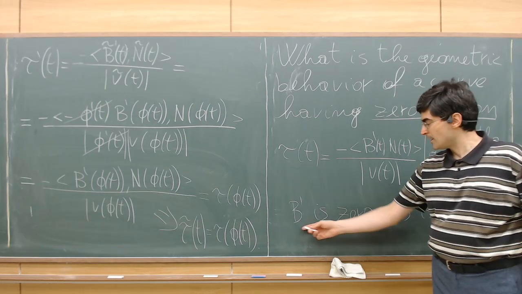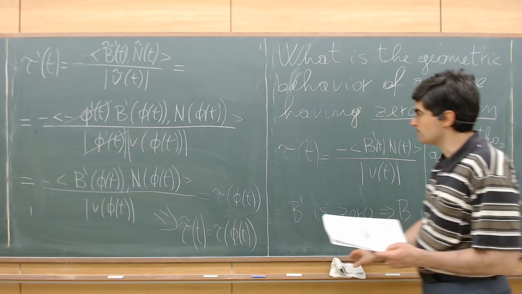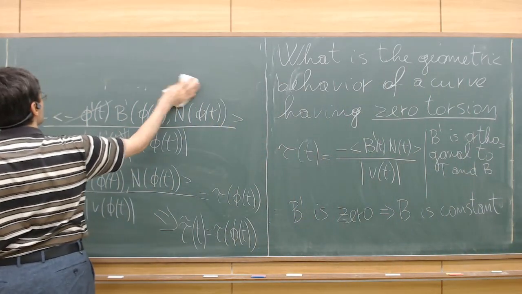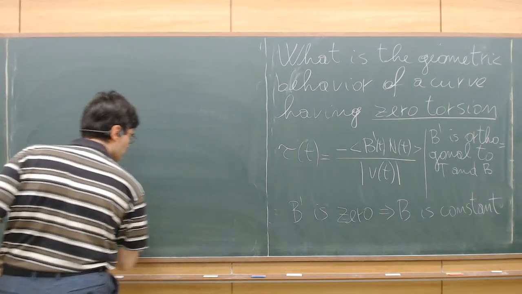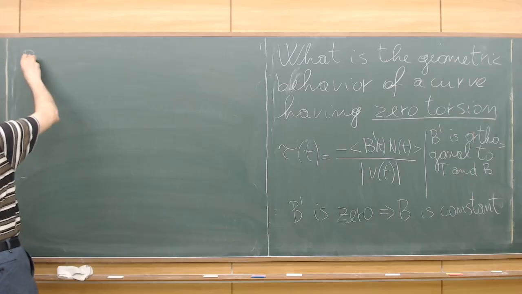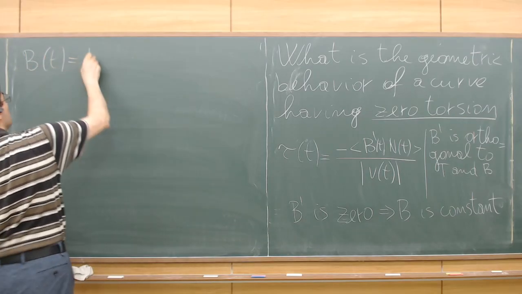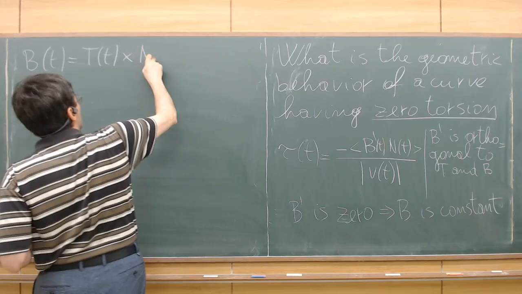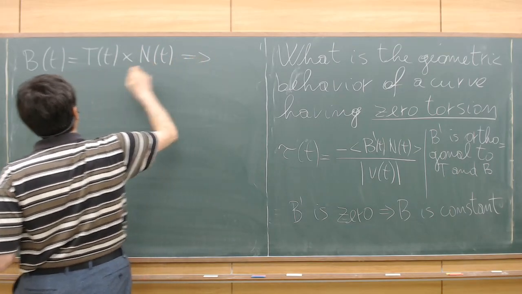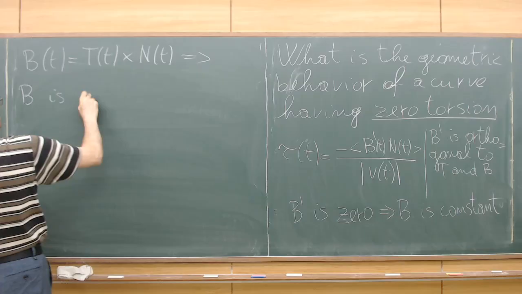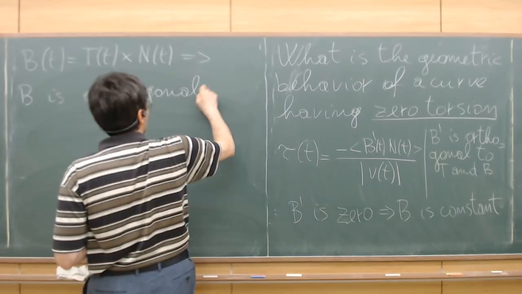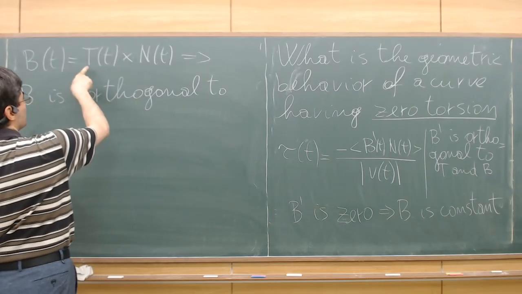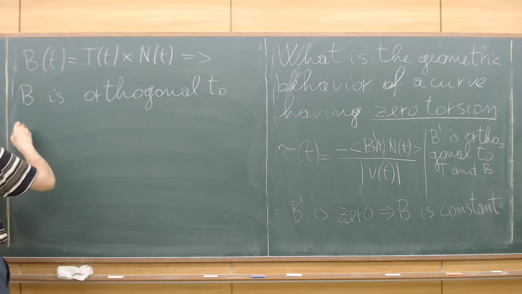So from the fact that B prime is 0, we get that B is constant, but you know by the definition of B that B is orthogonal to the subspace spanned by T and N. So B is orthogonal to the osculating plane.